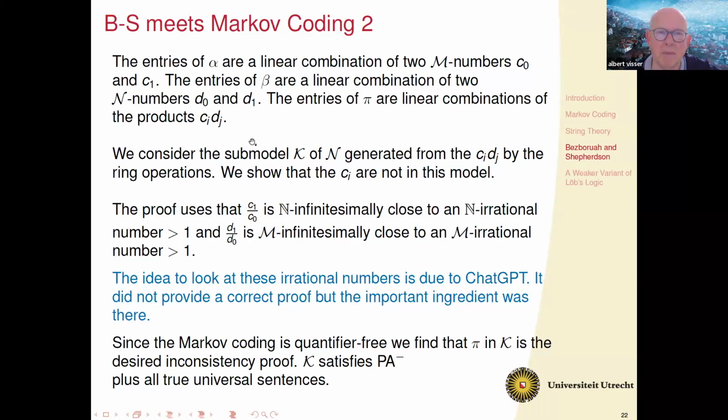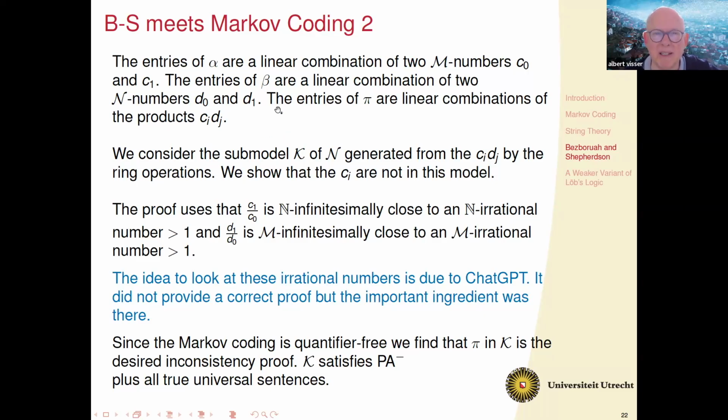And the Pudlák proof also proves that PA minus or Q does not prove its own consistency, and that proof works for a wide array of usual codings.